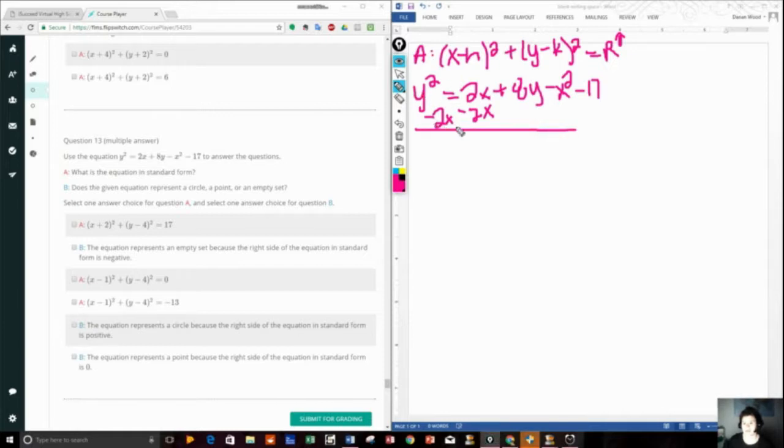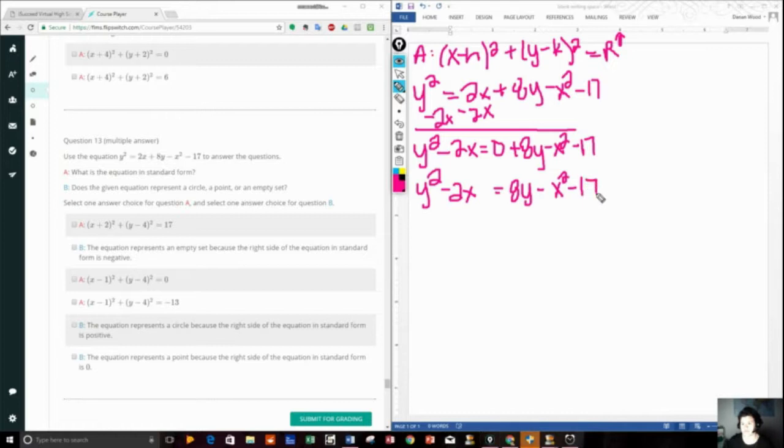Well, y squared and 2x are not like terms, so I have y squared minus 2x equals 2x minus 2x is 0, plus 8y minus x squared minus 17. Then 0 plus 8y is just 8y, so we have y squared minus 2x equals 8y minus x squared minus 17.